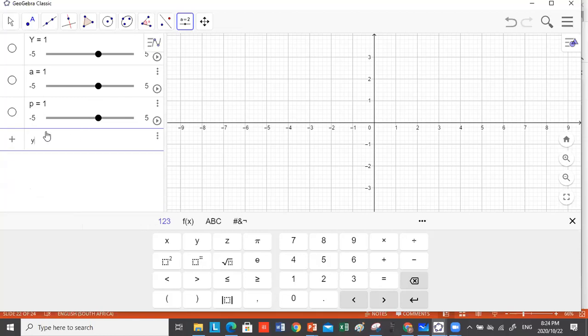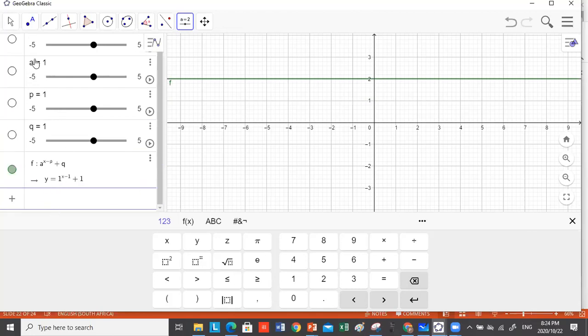It is y equal to a exponent x minus p. Okay, it's better if I do that one. Plus q. Let's see. Enter.